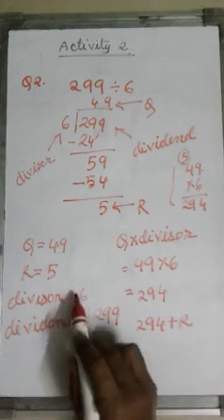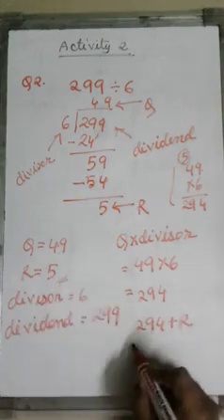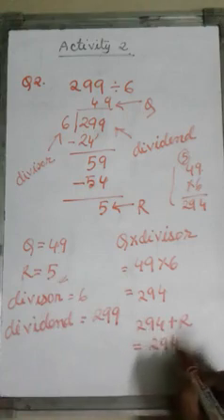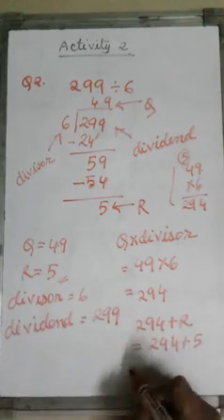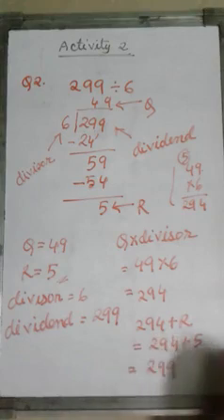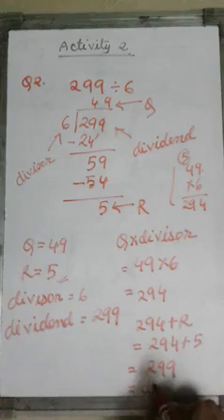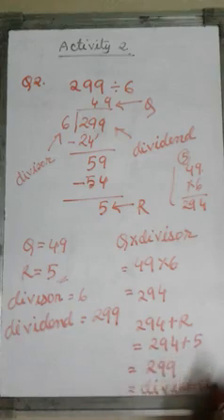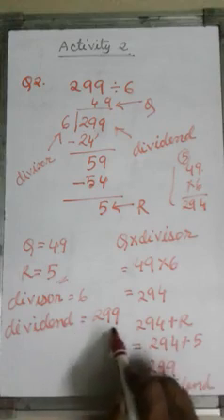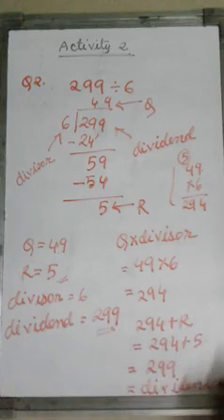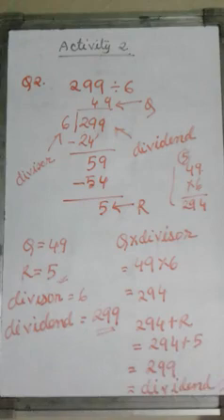Remainder is 5. 294 plus 5 is equal to 299. 299 is the dividend. So it is proved. This way you have to do. I hope all of you will be able to do this in your exam.